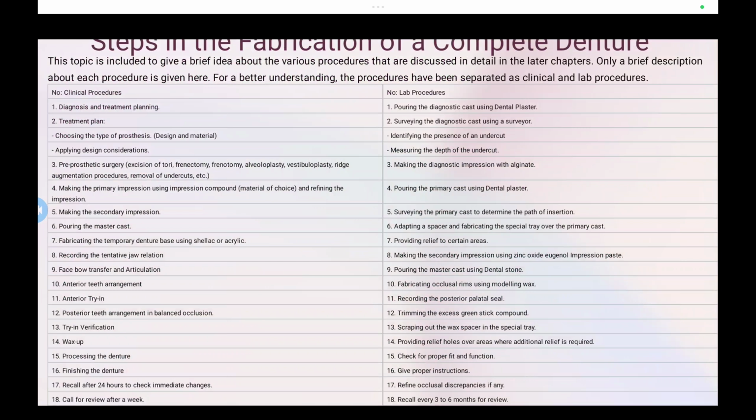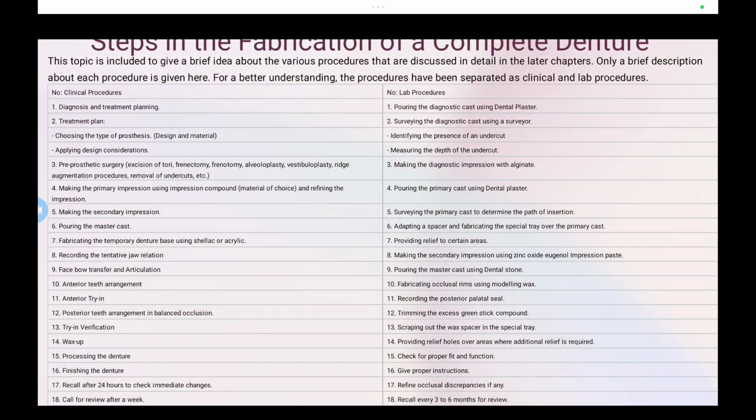After doing the primary impression and pouring the diagnostic cast, then we take a secondary impression, then we make the diagnostic impression with the alginate and pour the primary cast with dental plaster, surveying the primary cast to determine the path of insertion, adapting a spacer and fabricating the special tray over the primary cast.